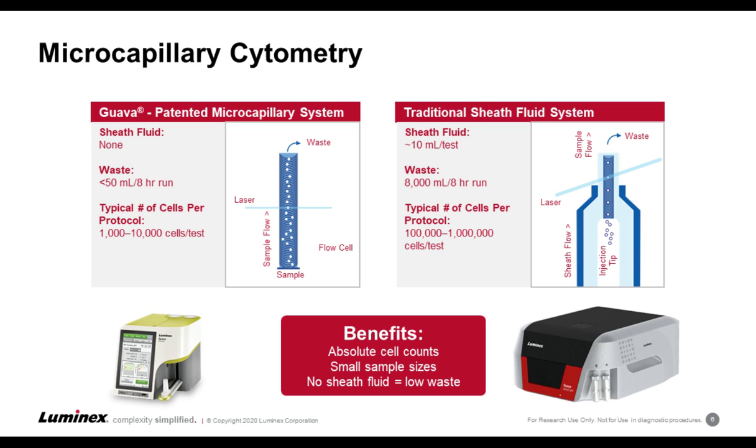The lack of sheath fluid also leads to low biohazardous waste generation, which is again highly advantageous when dealing with infectious samples. So let's take a closer look at our two platforms based on microcapillary cytometry, the Guava Muse system and the Guava EasyCyte system, both of which are based on microcapillary cytometry.